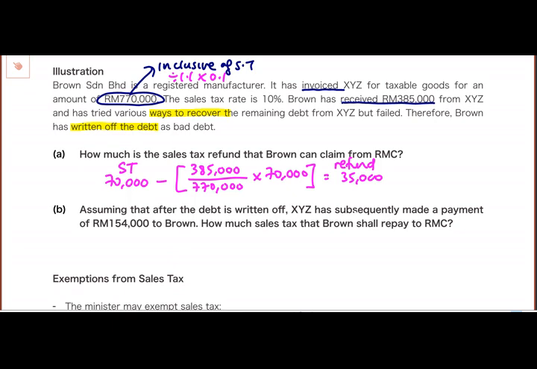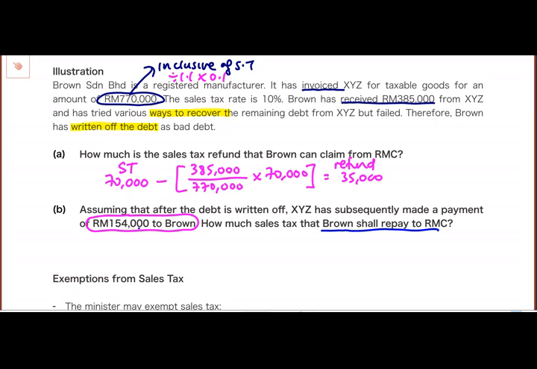Now, it says that assuming that after you write off the debt, the customer comes back and pays you 154,000. How much more must you return back to RMC?